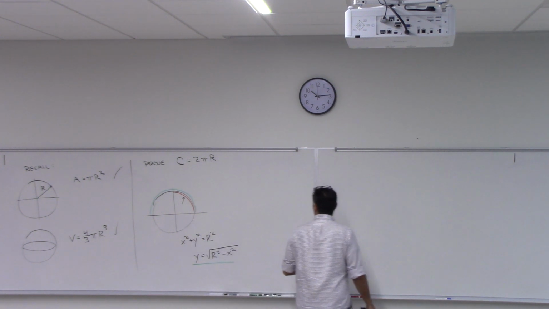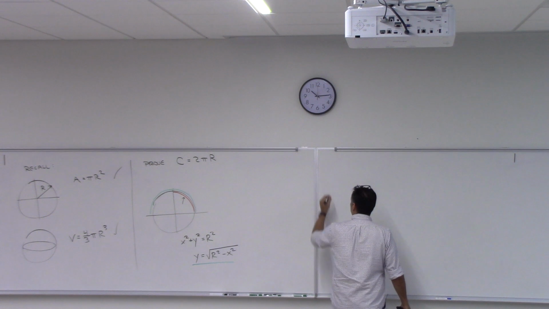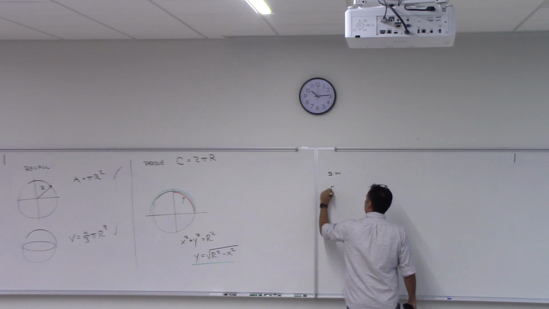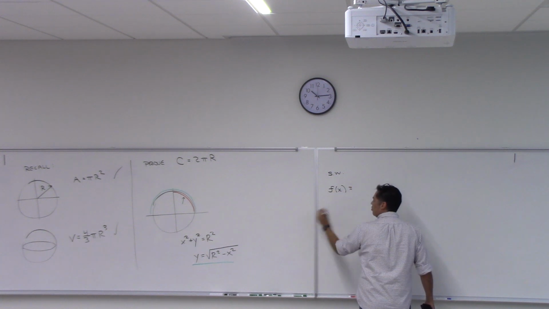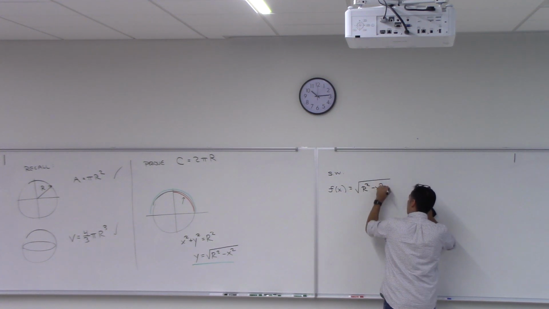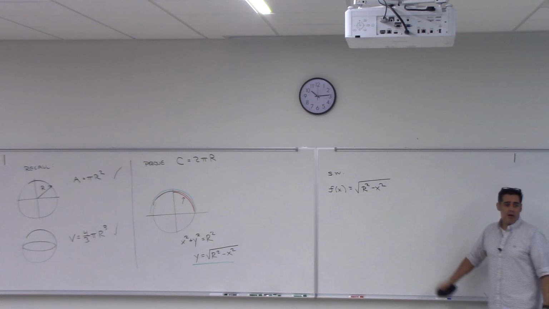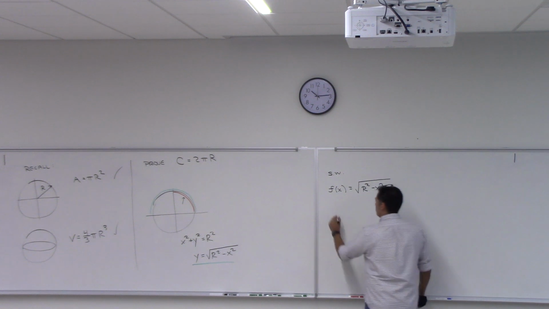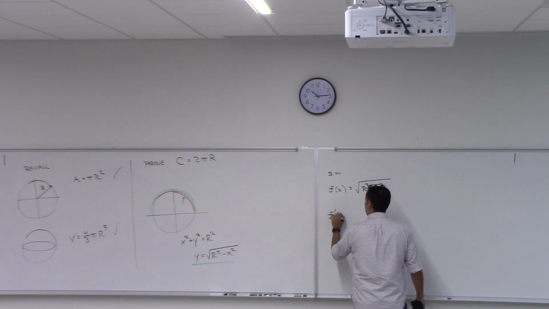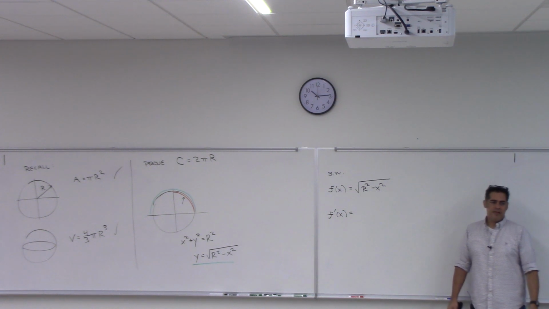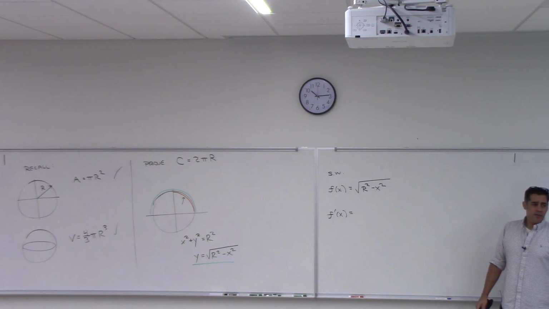To find that, I need to know what the function is. I'm going to do some scratch work because I want to set up that integral. Well, the function is the square root of capital R squared minus x squared, right? Remember, capital R is a constant. We have to take the derivative of this. Careful here. How do you take the derivative? Chain rule here, right?